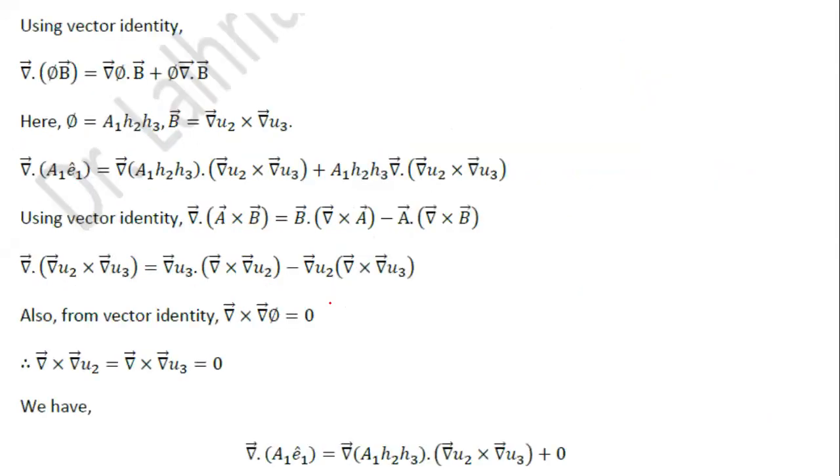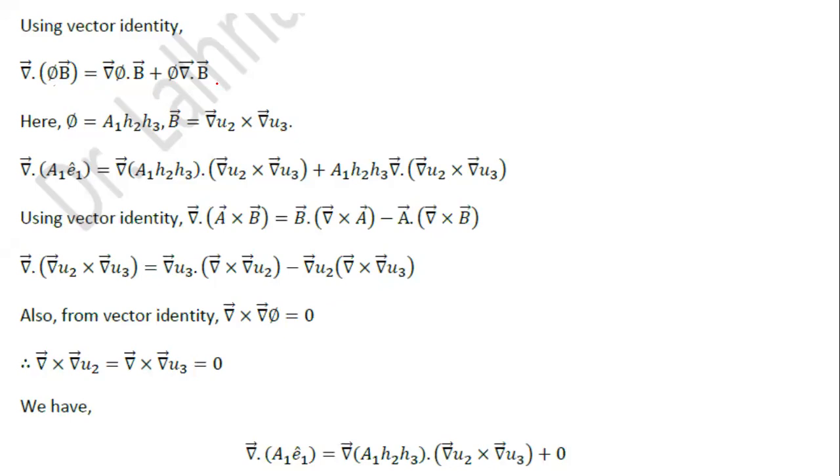Okay. Now the vector identity, I think I've given you as an exercise. If you take the divergence of a product of a scalar quantity and a vector quantity, where phi is a scalar and b is a vector, this will result in the gradient of the scalar dot product with the vector, plus phi, the scalar quantity, into the divergence of the vector b.